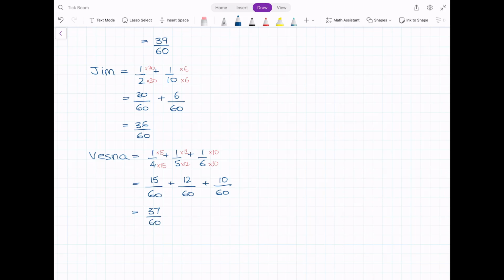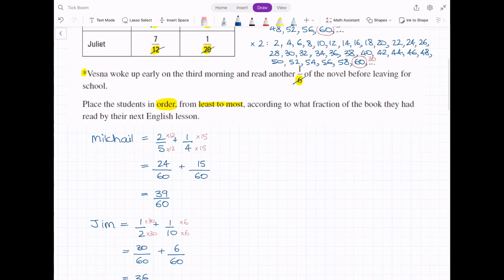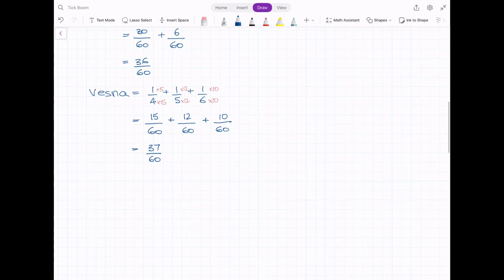And finally, we need to look at Juliet, who read 7 over 12 plus 1 over 20. So Juliet equals 7 over 12 plus 1 over 20. Again, we'll put those both as fractions over this common denominator of 60. 12 times 5 gets us 60, so we'll do 7 times 5, which is 35.